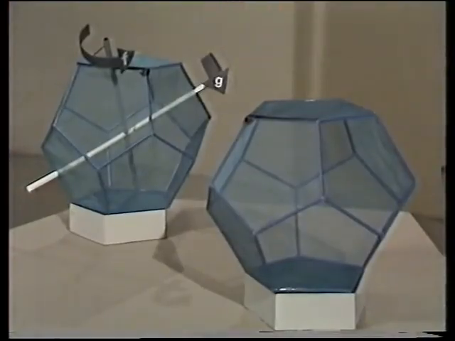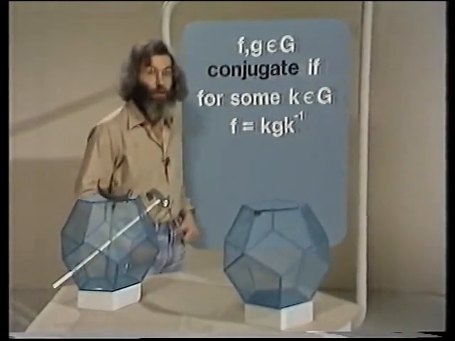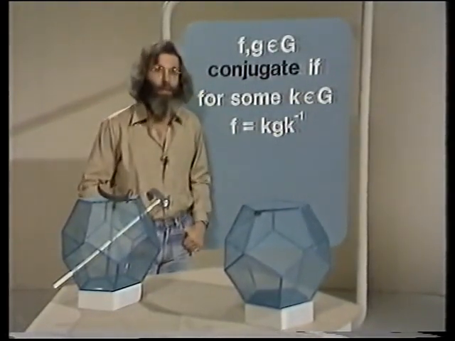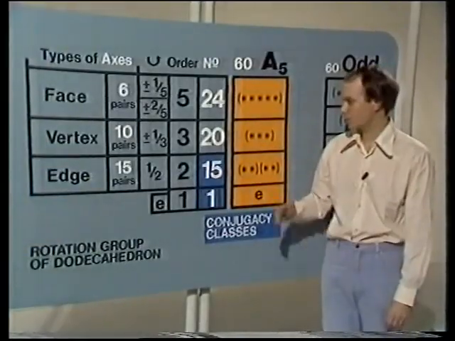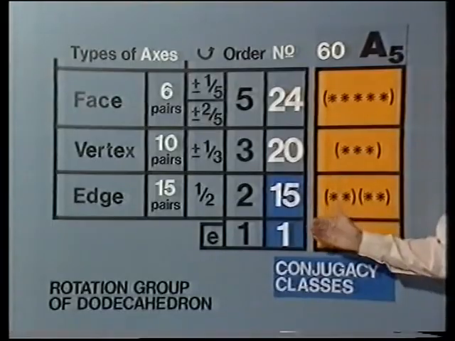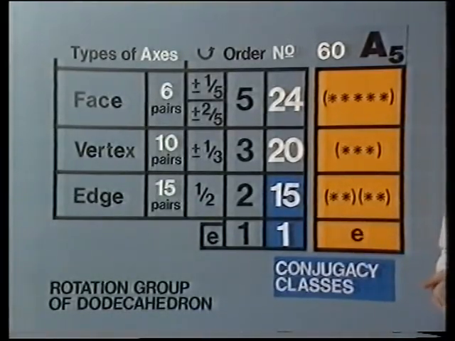So f and g are conjugate. And similarly, any 2 edge-type rotations are going to be conjugate because there's always a direct symmetry k inverse that takes any edge axis into any other one. So, the edge axis rotations all lie in the same conjugacy class. And as always, the identity element has another class to itself. No surprises so far.